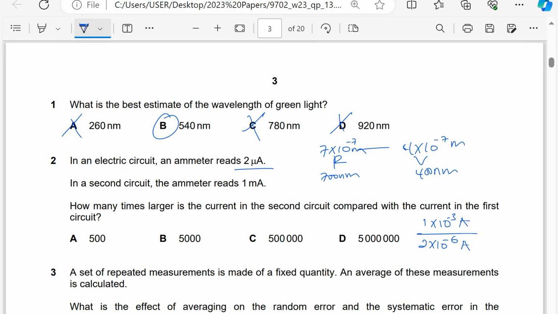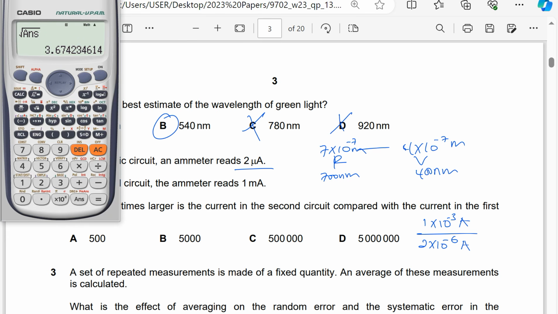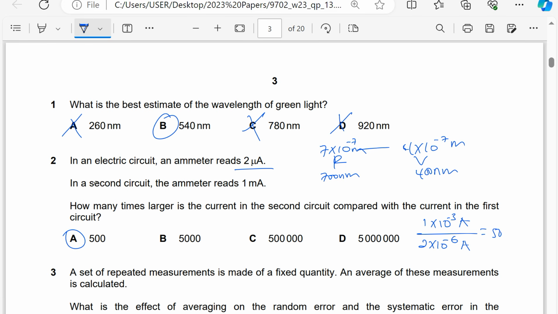Micro is -6, milli is -3. So I'll just divide 1 exponent -3 by 2 exponent -6. That is 500. So the answer is A, 500.